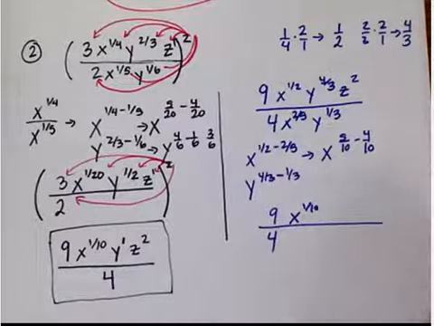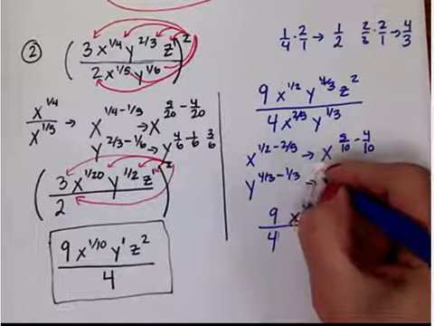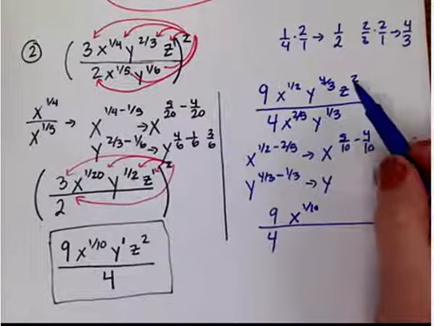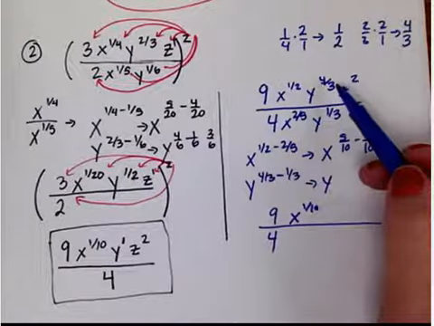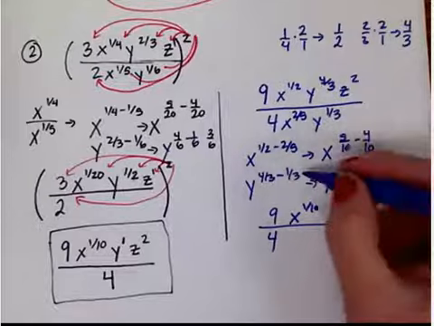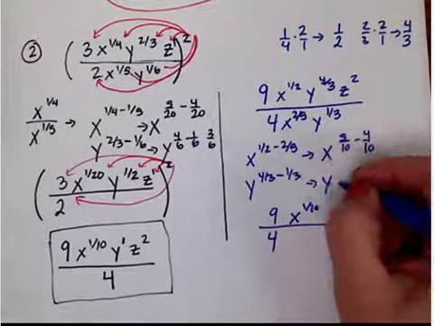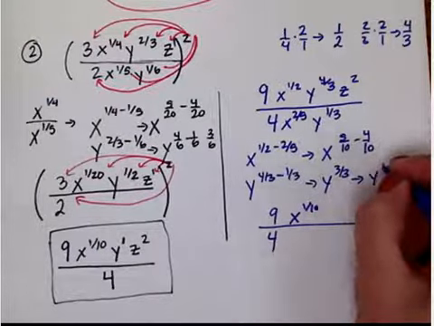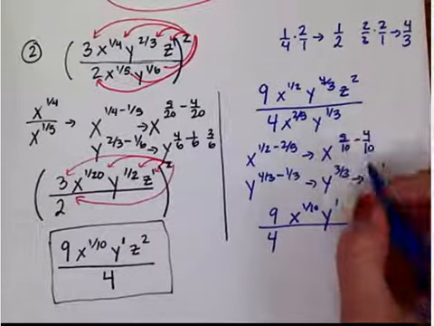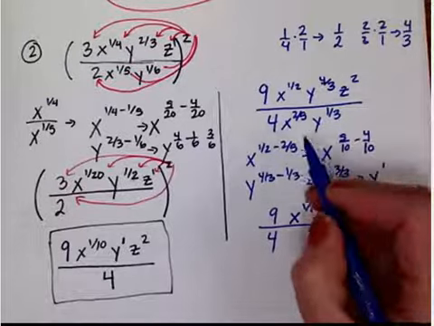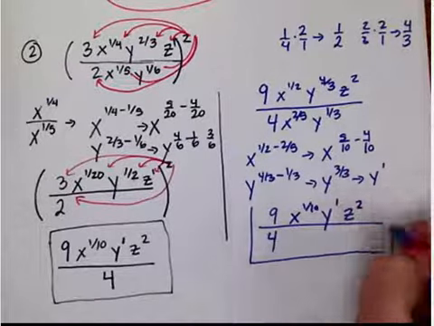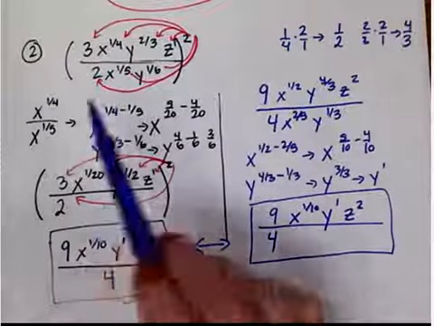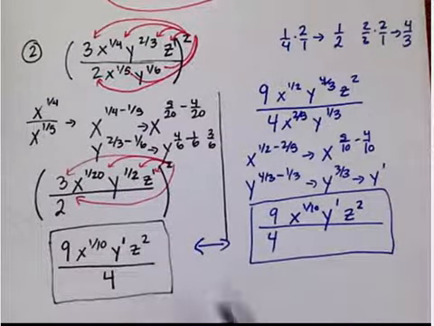Now they already have common denominators, so that's going to give me y to the, oh, I think I missed something. No, I didn't. Okay, so that gives me 3 over 3, which is 1. Okay, my z doesn't move, and my 4 stays. So it actually doesn't matter whether you start on the inside or the outside, you will end up in the same place.